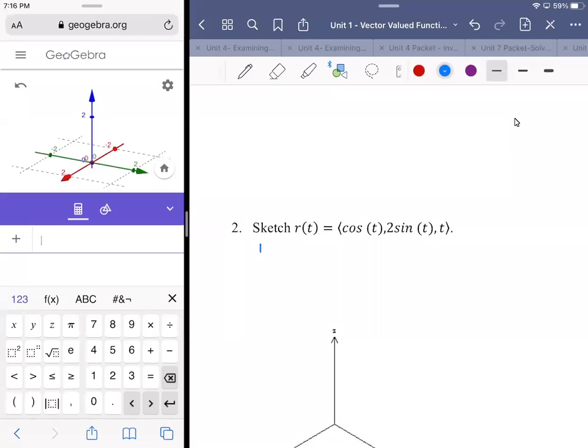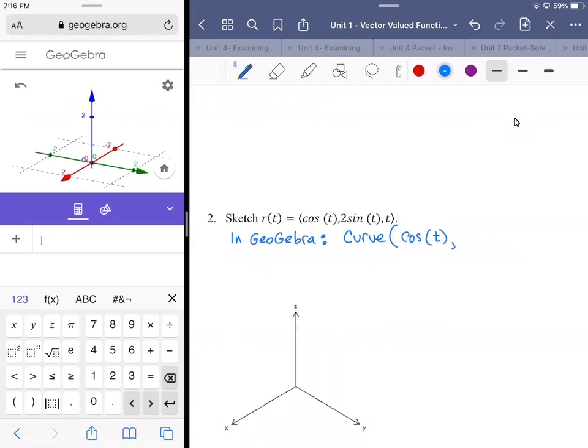All right, so in GeoGebra, you're using the curve function. You're putting in cosine of t. Just put parentheses whenever you use t in GeoGebra, put parentheses around it as it applies to a trig function, because, and I think this is limited to just GeoGebra, but I can imagine other software having the same trouble.